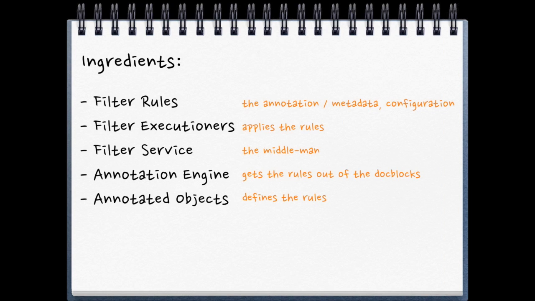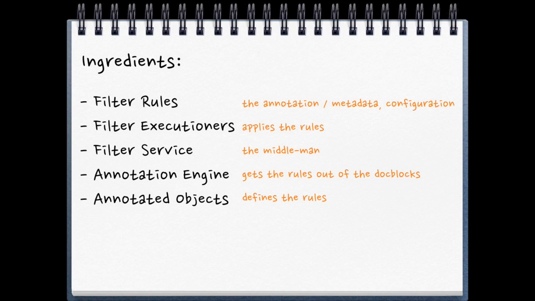So the ingredients that we need here: first we have rules. These are the annotations, the things we're going to add to our objects. So filter alpha, filter alphanumeric, that kind of stuff. Then we have the executioners. These are the things that actually cause the effect of the annotation. They will get a rule and the object, and now I need to actively filter it, remove all the alpha, make it alphanumeric compatible.